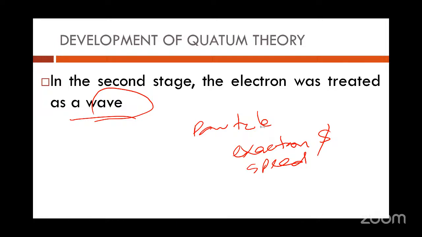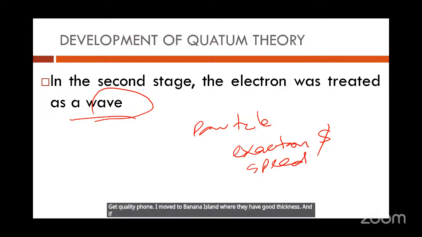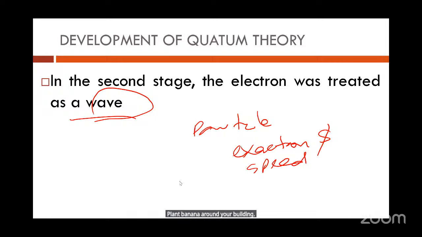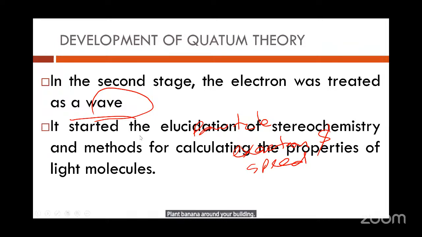Yes, sir. Thank you. So it's from your end. Fagbinro. Get a quality phone and move to Banana Island where they have good signals. And if you cannot get yourself a land in Banana Island, plant banana around your building. We don't have much time.